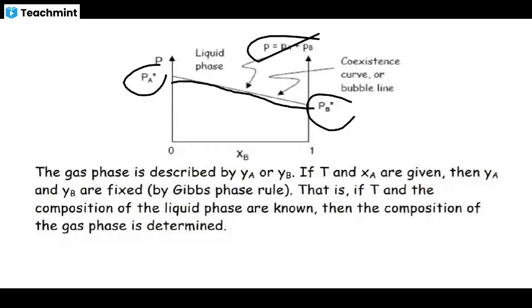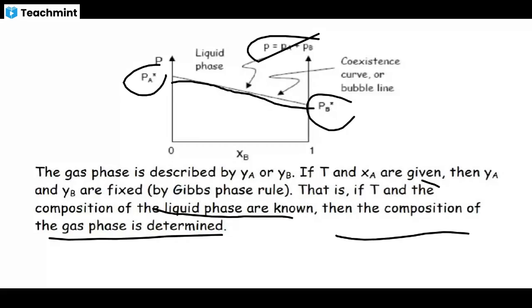The gas phase is described by Ya and Yb. If temperature and Xa are given, then Ya and Yb are fixed by the Gibbs phase rule. That is, if the temperature and composition of the liquid phase are known, you can determine the composition of the gas phase.